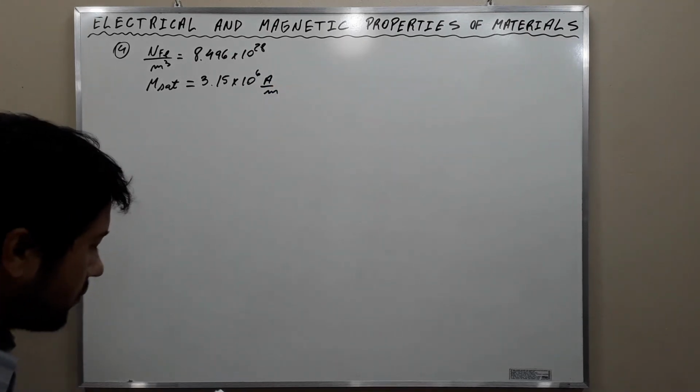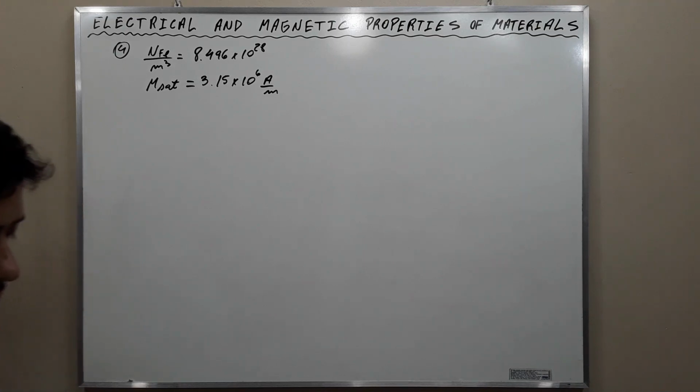Okay? And note that magnetization represents the increasing flux density due to the core material, alright?